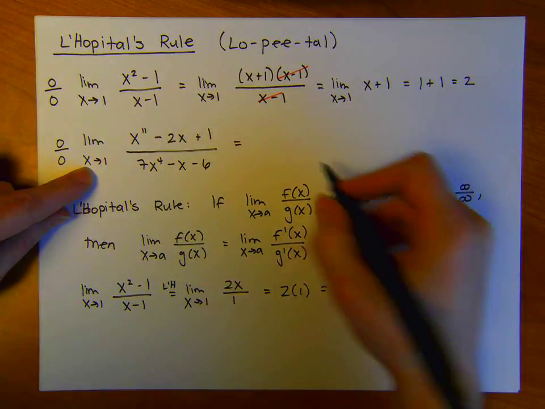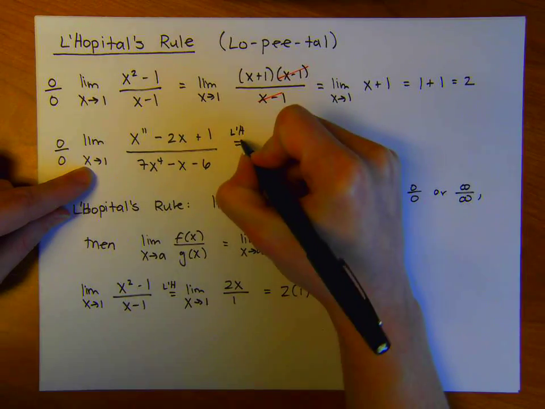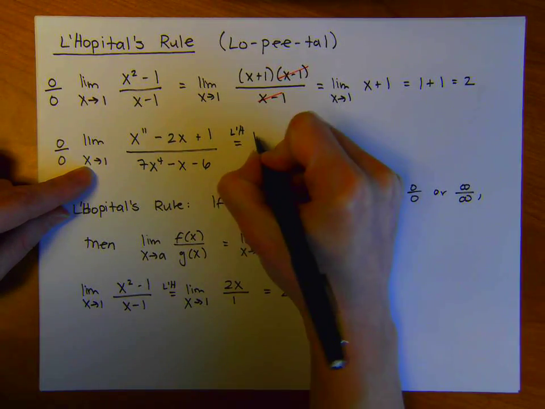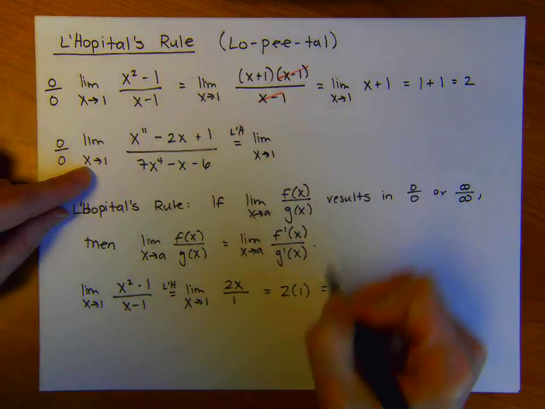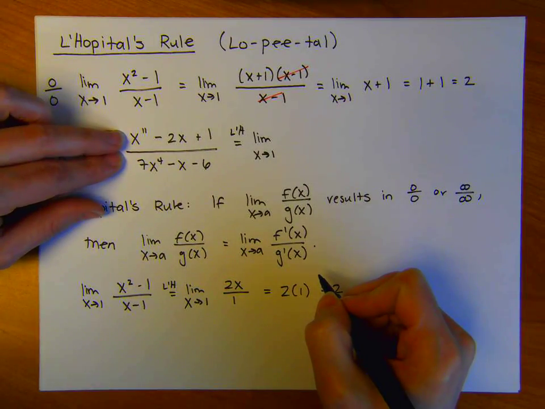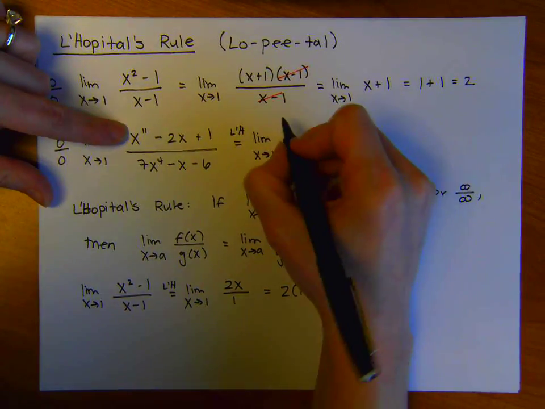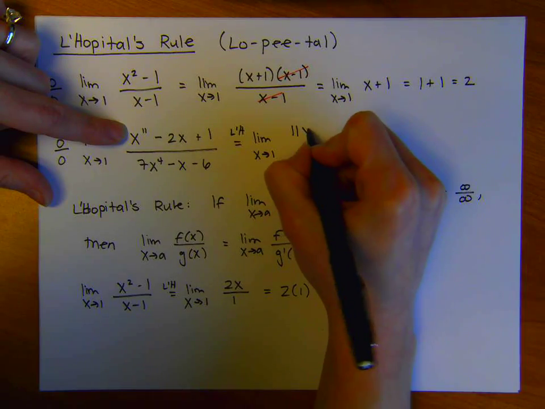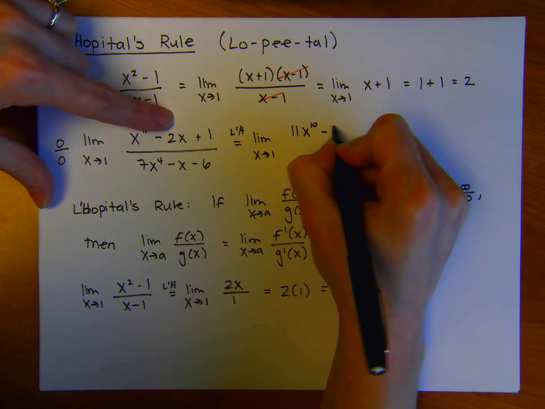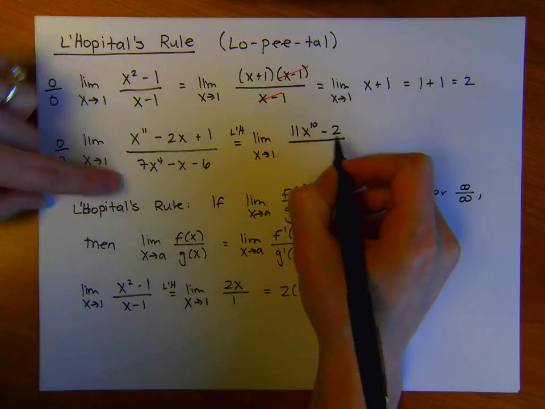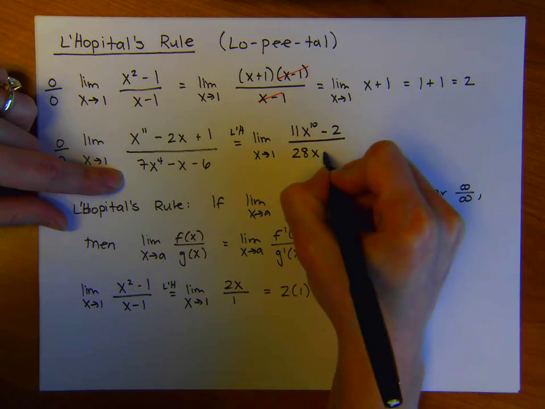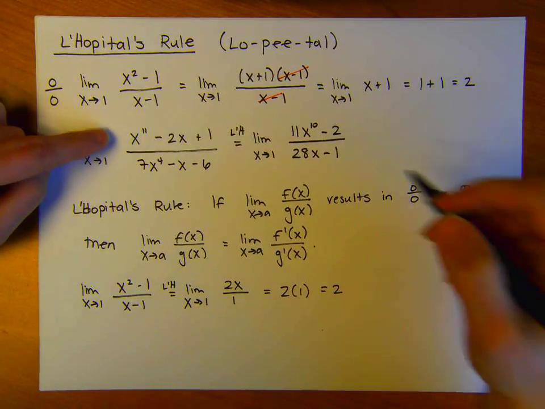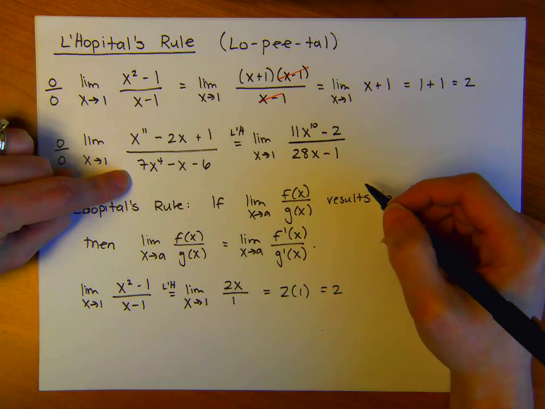Again, I see I get 0 over 0, so I'm going to apply L'Hopital's rule, and I still have the limit as x approaches 1, and now we're going to take a derivative. Okay, so I have derivative of x to the 11th would be 11x to the 10th minus 2 all over 28x minus 1. Okay, so again, that's the derivative of the top, the derivative of the bottom.